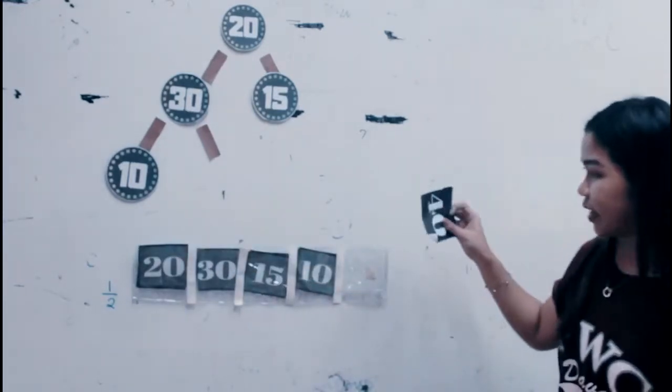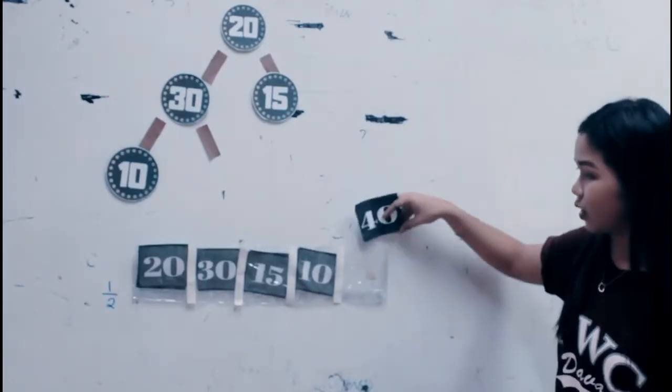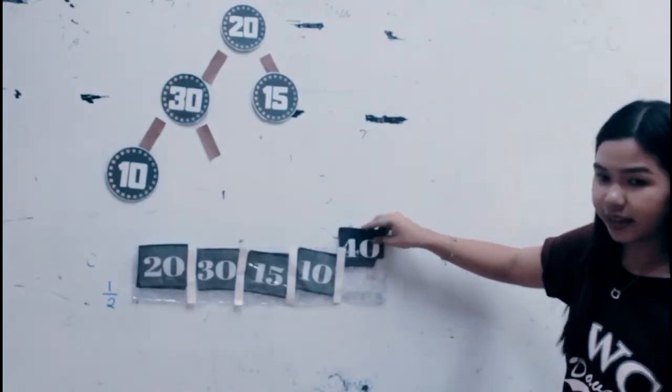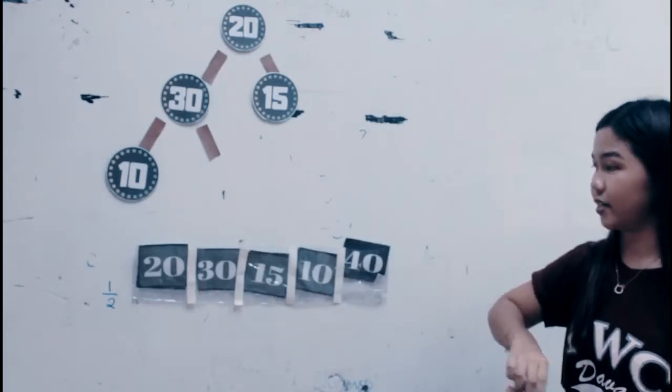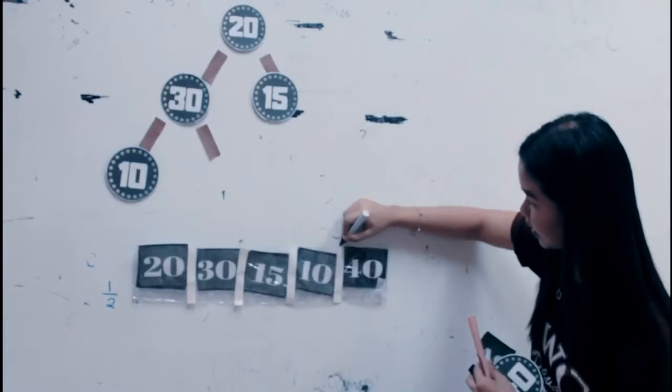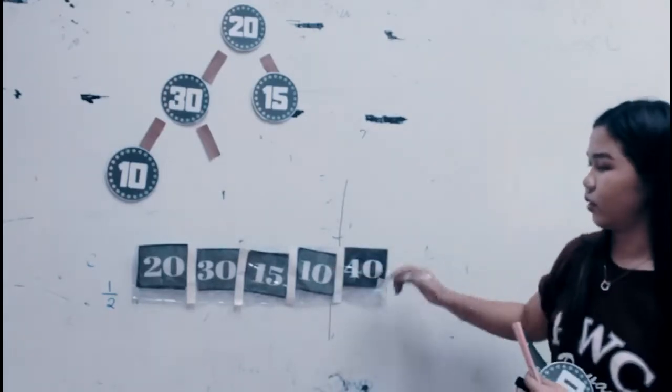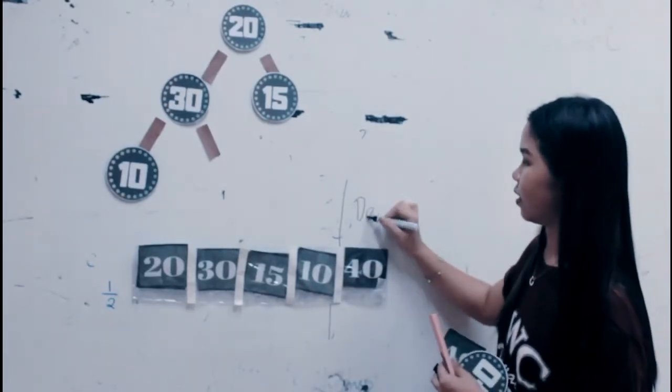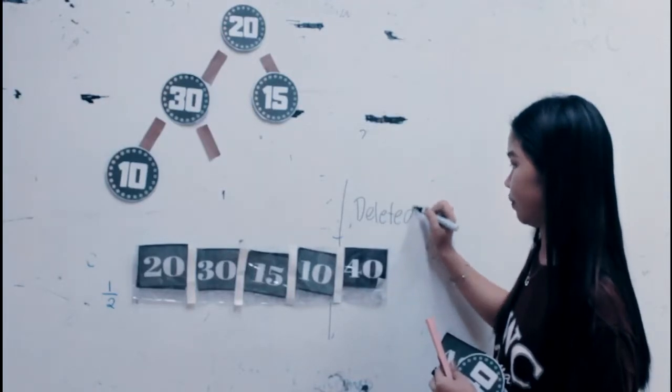And then 40, since it is already deleted, we will put it here, and this line will be considered as the sorted area of your array because it was already deleted. So this is already the deleted portion.